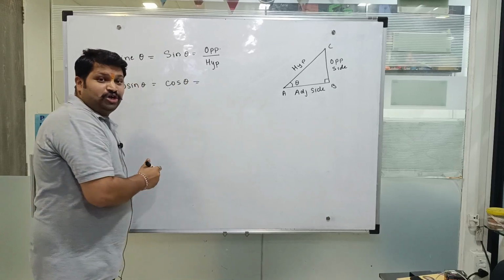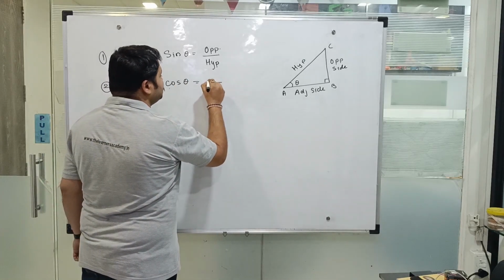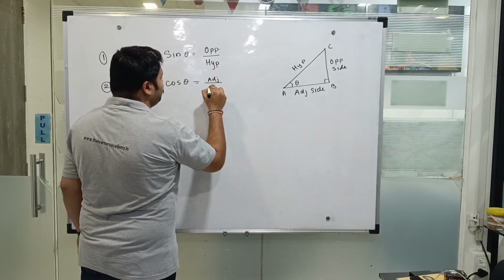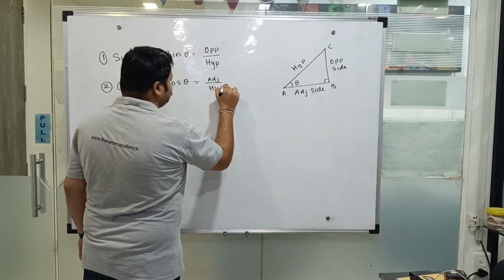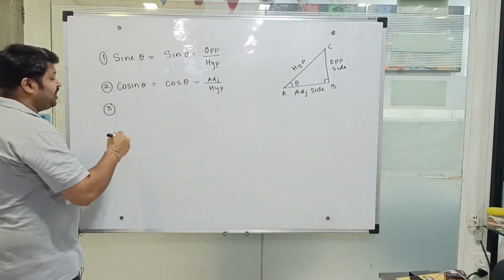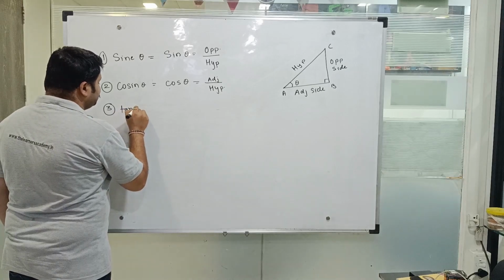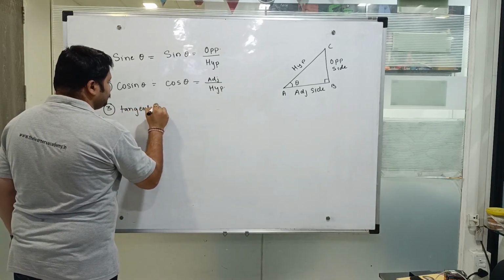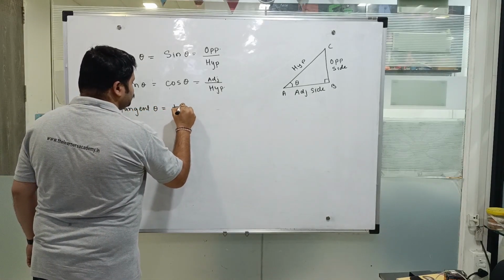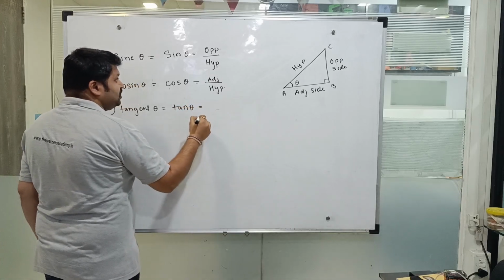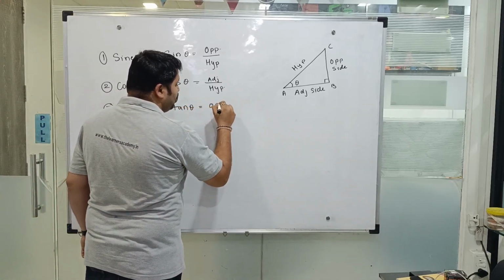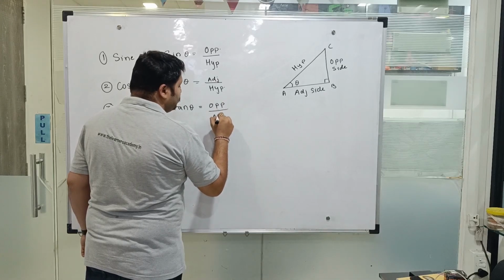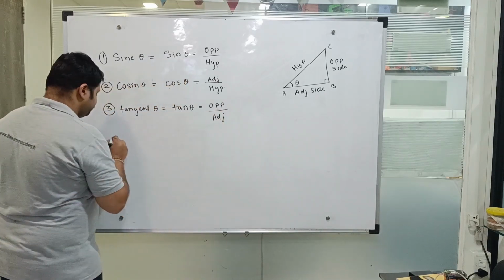It is also known as cos theta, and it is defined as adjacent side upon hypotenuse. The third one we have is tangent theta, which is also known as tan theta, and is defined as opposite side upon adjacent side.